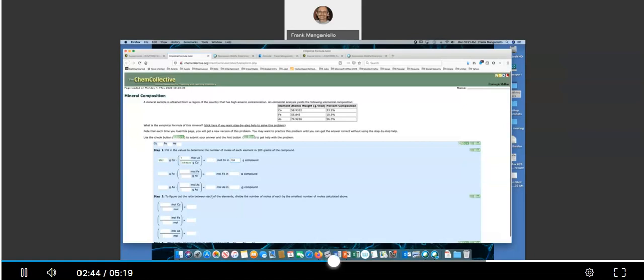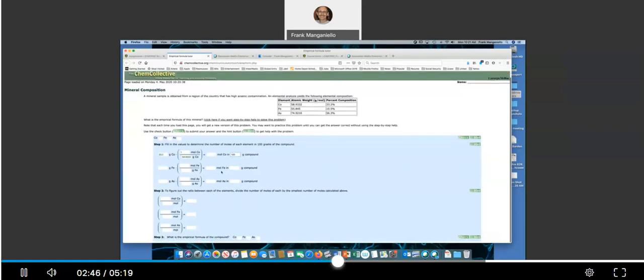So go through this, you'll calculate moles of the three elements. And then of these three, you're going to take the lowest of the three and put it in the bottom of each of these. So again, I'll do my calculations on all three of these by putting the values in here, and then determine which one is the lowest value of these three.